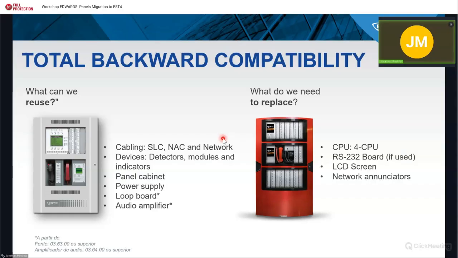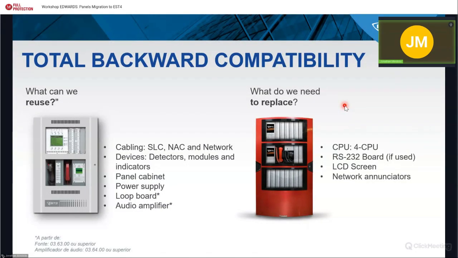On the other hand, with the EST4, we have the hardware layer and the operator layer. There are two different things. In the hardware layer of the EST4, you install the CPU, the loop card, your power supply, and your amplifiers.